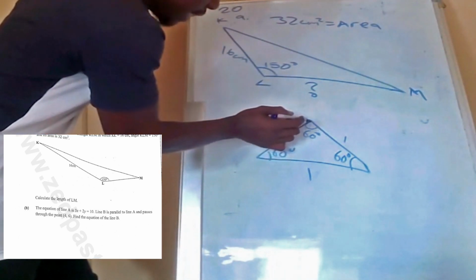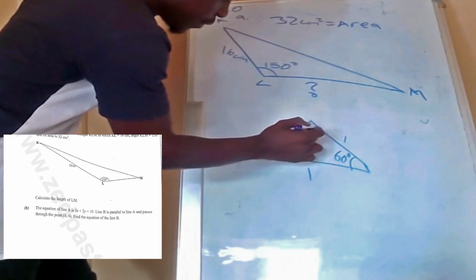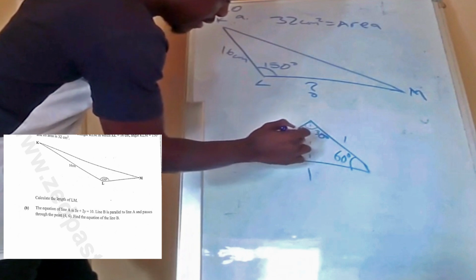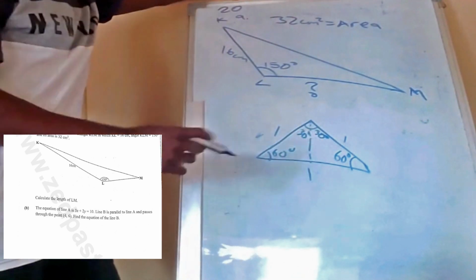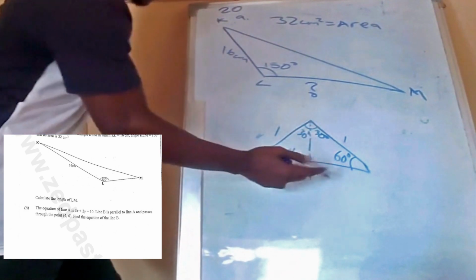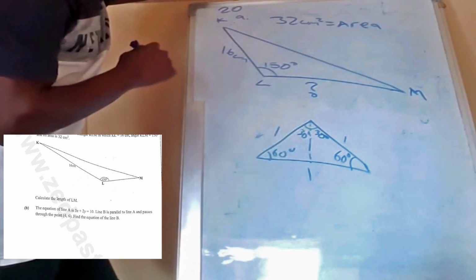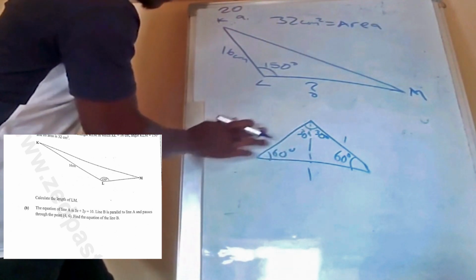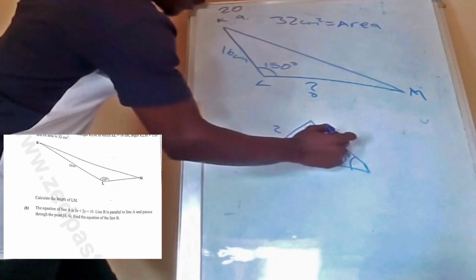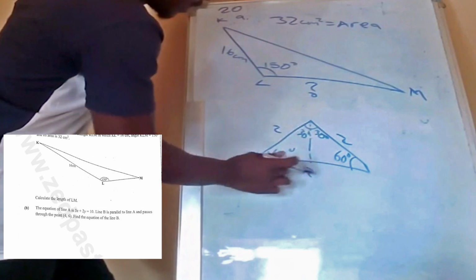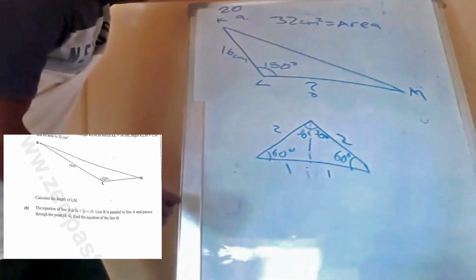So if we were to cut this angle in half, it means that we no longer have 60 there, but we have 30 there, and we have 30 there. Okay, we have 30, 30. And this is 1, this is 1, this is 1. So let's give them values of 2. So this is 2, this is 2, this is 2, meaning we've got 1 here and we've got 1 down there.